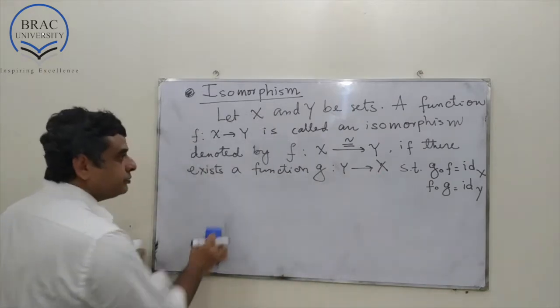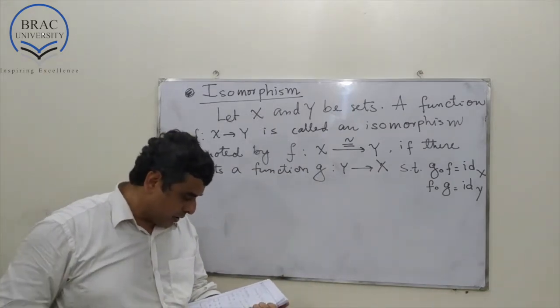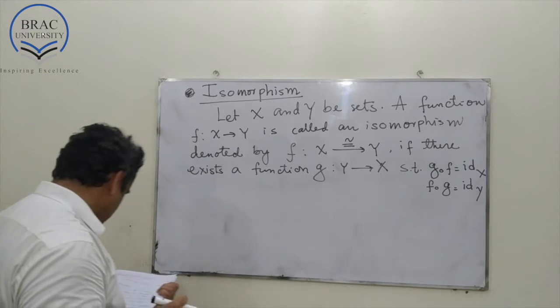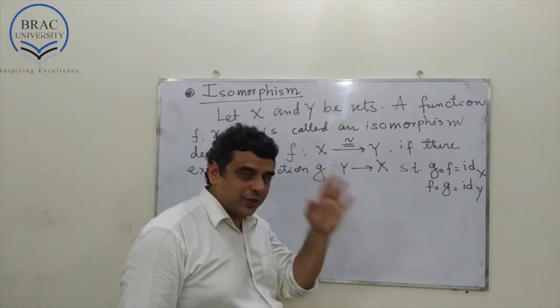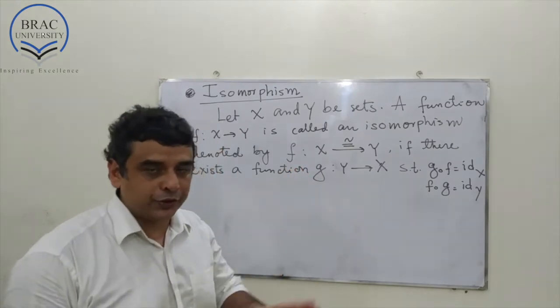Okay? So if there exists an isomorphism between two sets, we say that the given sets are isomorphic to each other.